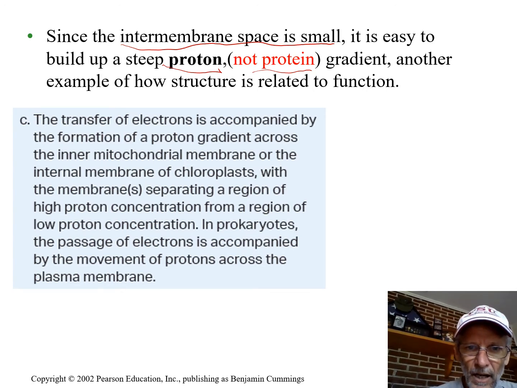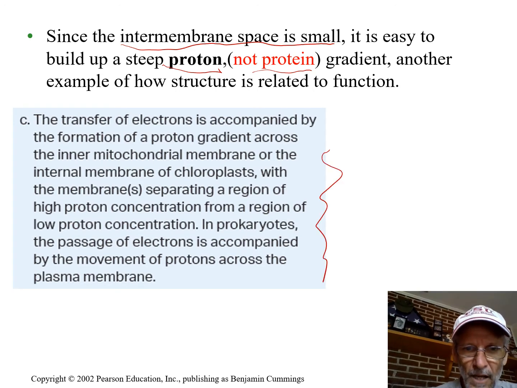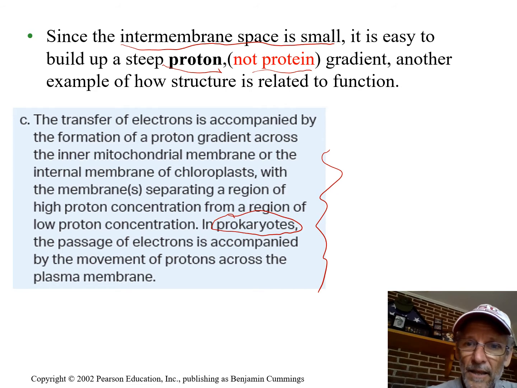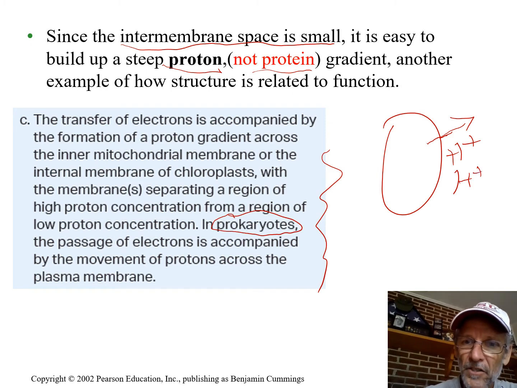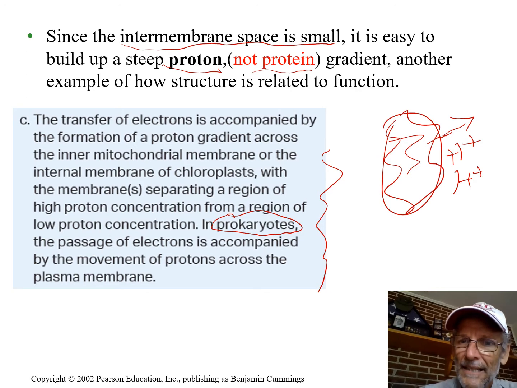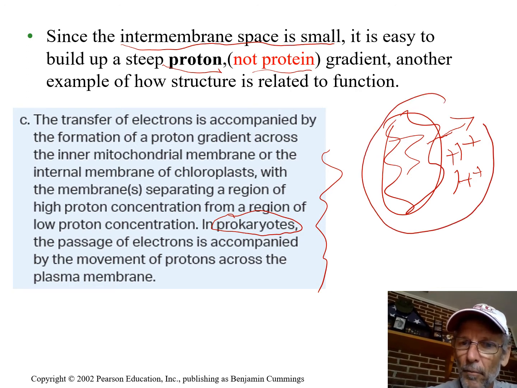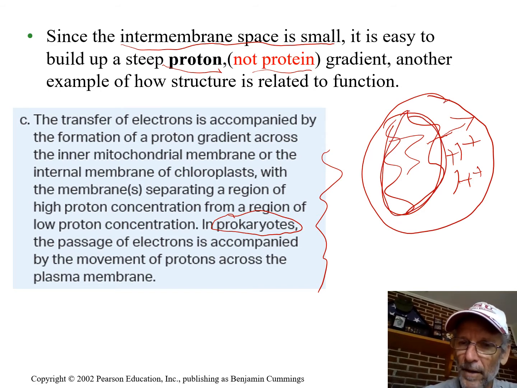We have everything we've seen here, except again a mention that in prokaryotes, they are going to pump their protons not into a little intermembrane space, but simply out of themselves. And remember their heritage. These mitochondria are just like prokaryotes that got captured inside another membrane.